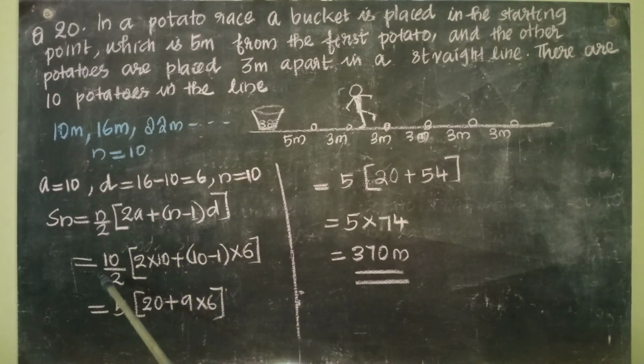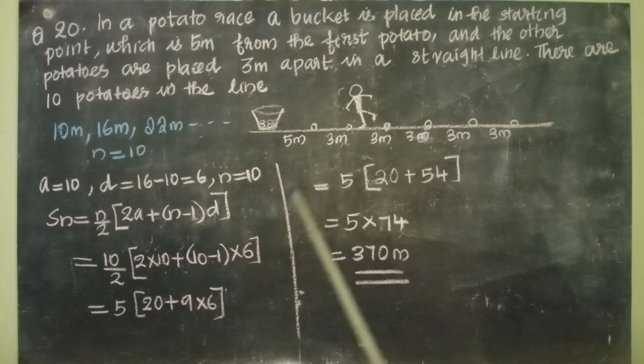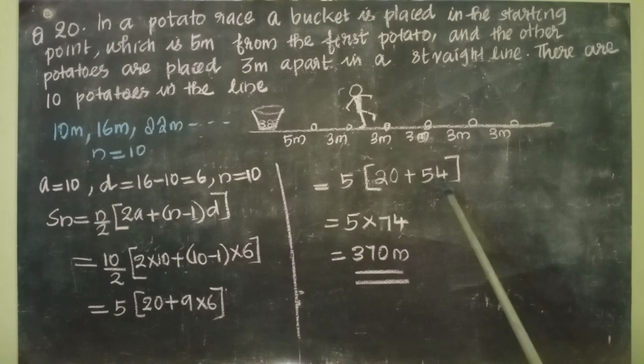That is equal to 10 by 2 into 2 into 10 plus 10 minus 1 into 6, that is equal to 5 into 20 plus 9 into 6, that is equal to 5 into 20 plus 54, that is equal to 5 into 74, equal to 370 meter. So the competitor has to run 370 meter.